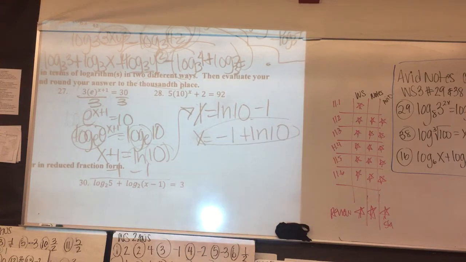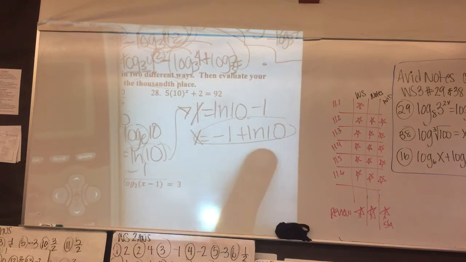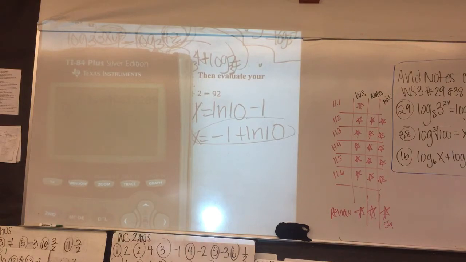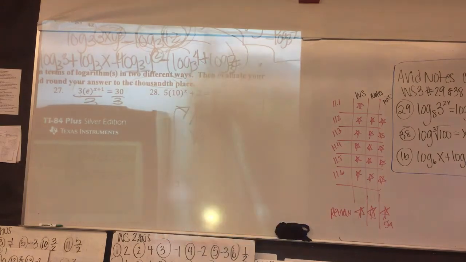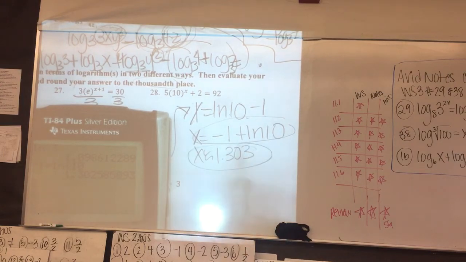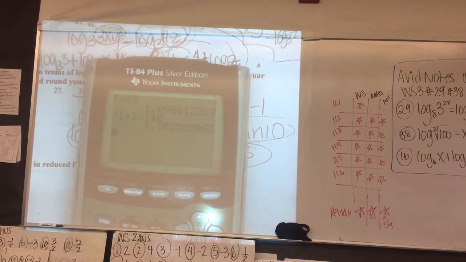Let me show you how to put it in a calculator and why it seems to be a problem. I'm going to show you this one, and you guys should know that this is the same. So negative 1 plus ln 10, I get 1.303. Now, if I type it in the other way, this way, watch what happens. ln 10 minus 1.